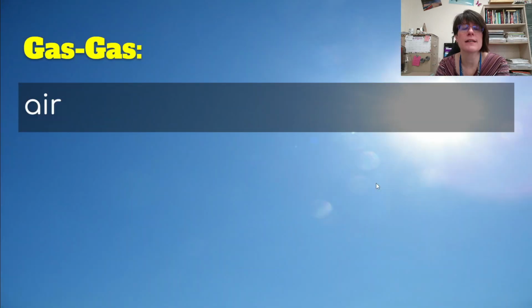And then there are gas solutions like air, the air all around us. Now, as far as gases are concerned, gases can be solutes with the other phases of matter, the other states, but it cannot be the solvent. If it is, we have a colloid, something like clouds. So clouds are in air.